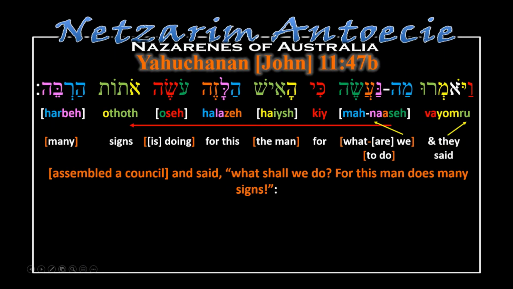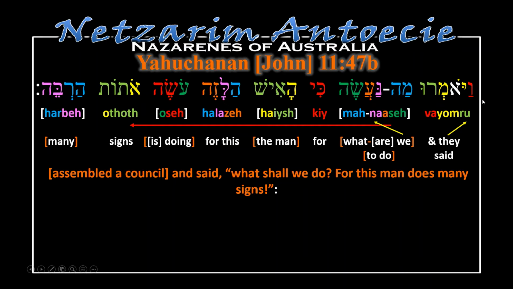Right, now we're in part B, and we have a Vav, a Yod, an Aleph, a Mem, a Resh, a Vav, a Mem, a Hey, a Nun, an Ayin, a Sin, a Hey, a Kaf, a Yod, a Hey, an Aleph, Yod, Shin, Hey, Lamed, Zion, Hey, Ayin, Sin, Hey, Aleph, Tav, Vav, Tav, Hey, Resh, Bet, Hey.